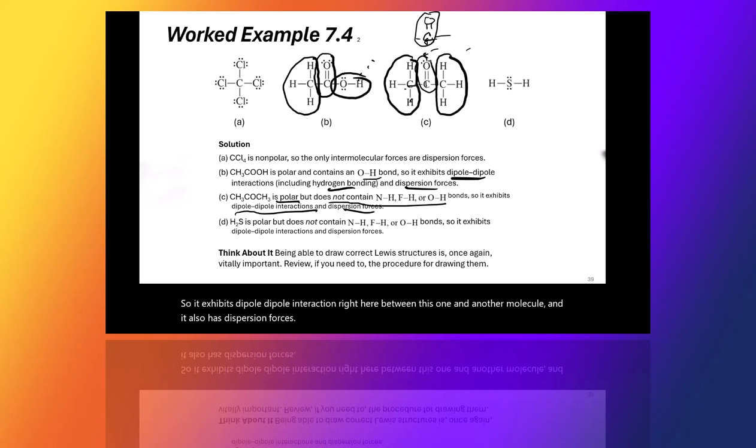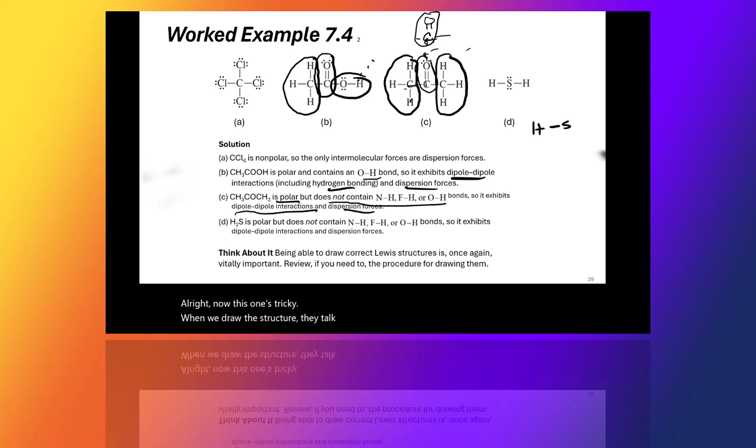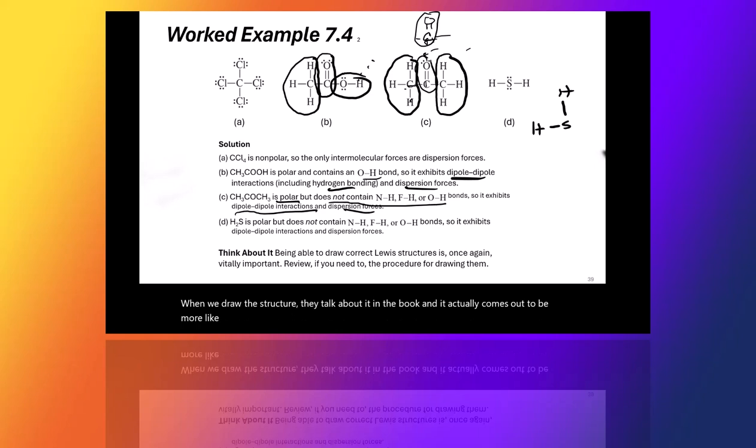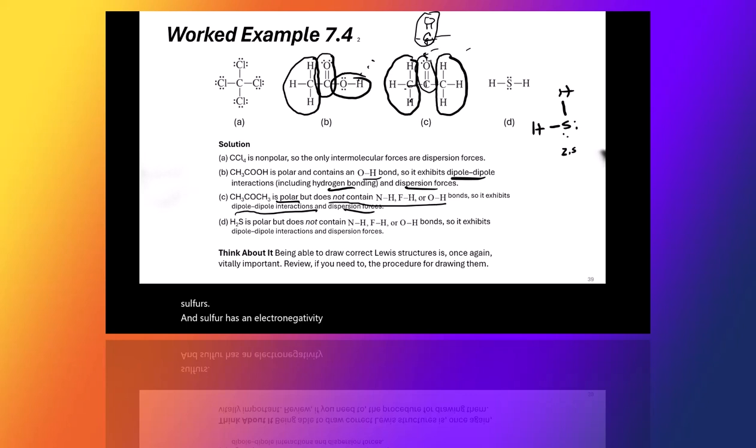All right, now this one's tricky. When we draw this structure, they talk about it in the book, and it actually comes out to be more like this instead of water. It's almost a 90-degree angle between the hydrogens and the sulfur. And sulfur has an electronegativity of 2.5, and hydrogen's 2.1.